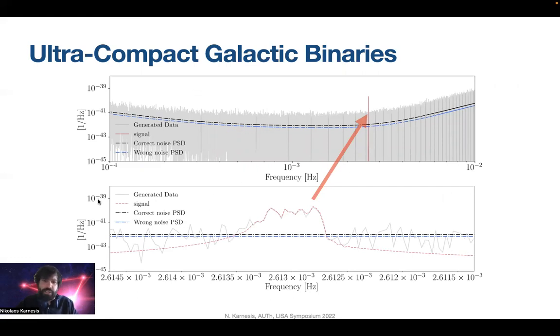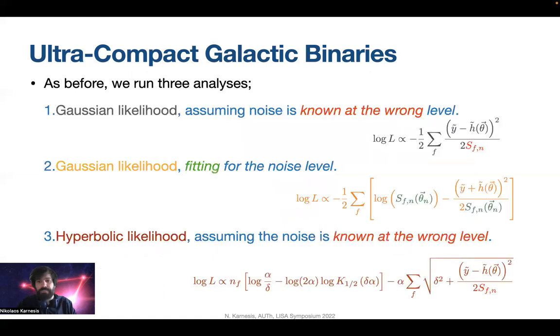So the figure below is a zoom in of the signal, and I have assumed 2 noise levels. One is the correct one, the black one, which corresponds to the data that I have generated, and the blue one is the wrong noise level, which I'm using to do the test, right? I'm pretending I don't know the noise, just like we did before with the sine Gaussian toy problem.